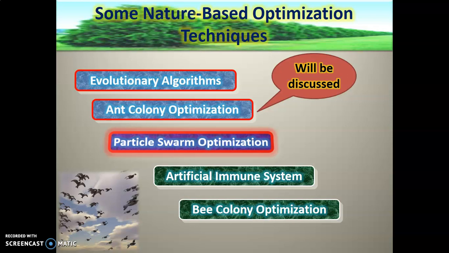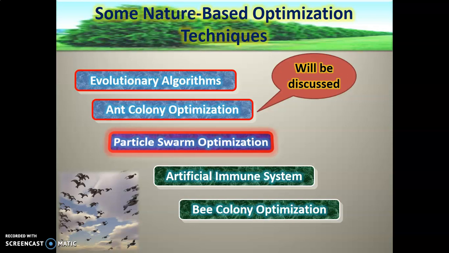Then ant colony optimization: this algorithm is based on the behavior of ants, how ants behave, how ants choose their path. That is discussed with ant colony optimization. Similarly, particle swarm optimization is based upon bird flocking or fish schooling, so it depends upon how birds behave. Likewise, artificial immune system and bee colony optimization.